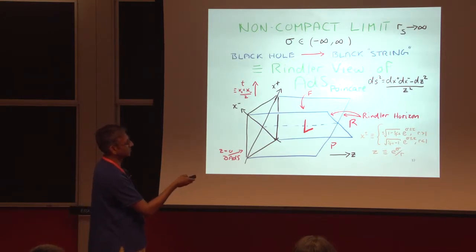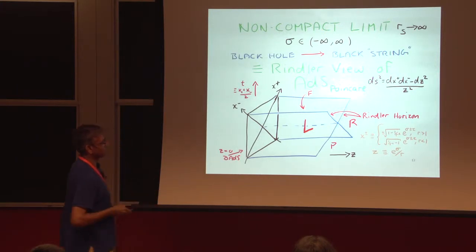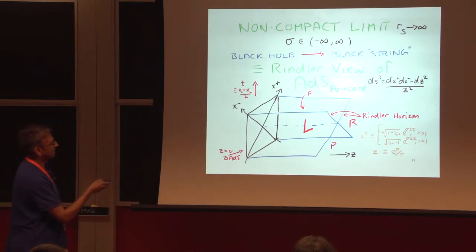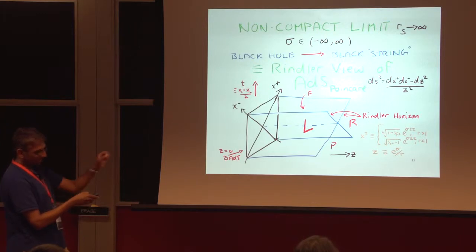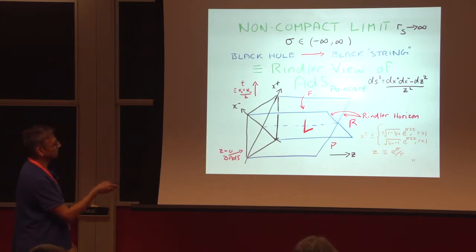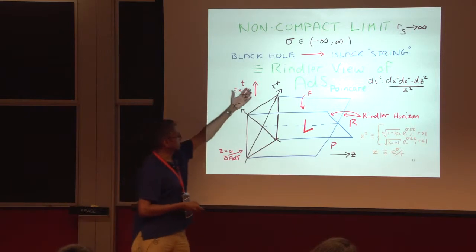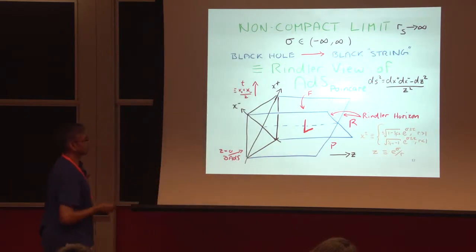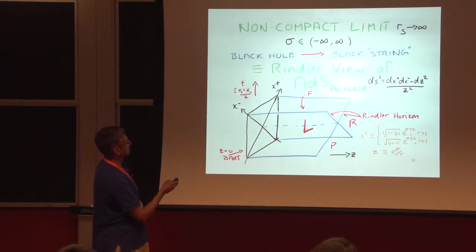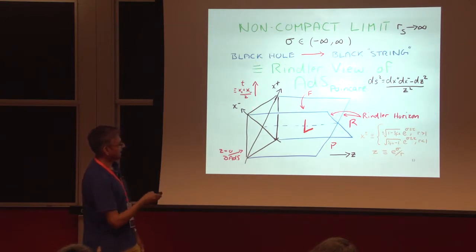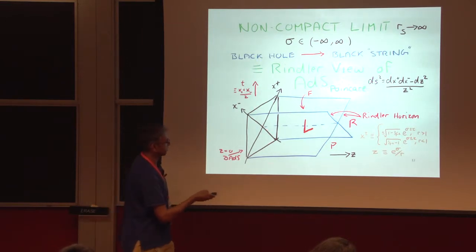Okay, so here is AdS, the Poincare patch of AdS, written in Poincare coordinates. And when you take R_S to infinity, all we're getting is a Rindler view of AdS Poincare. So let me just talk you through AdS Poincare, at least the parts that are relevant for us. Here is AdS Poincare, the boundary here in black, parameterized by light cone coordinates, where time is, say, the average of the two, and the z coordinate going off in this direction.